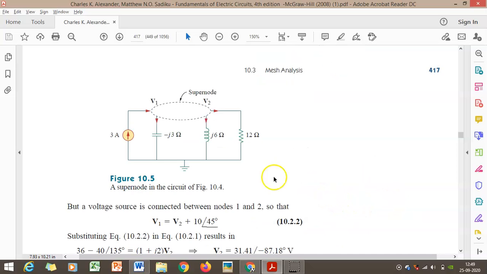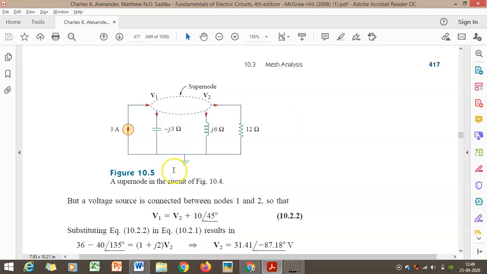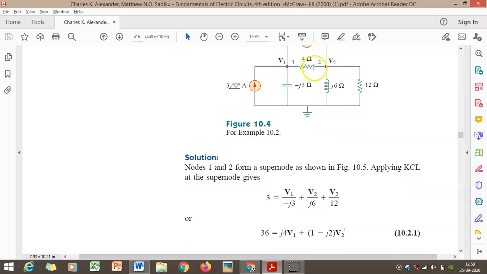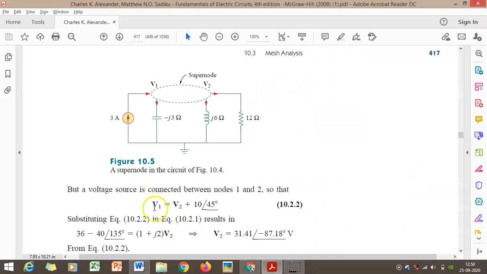Okay, and now we will start with the supernode. A supernode circuit is given like this, so everything else is removed. Since between V1 and V2 we have a voltage source, 10 angle 45, as the voltage source, V1 will be equal to V2 plus 10 angle 45.